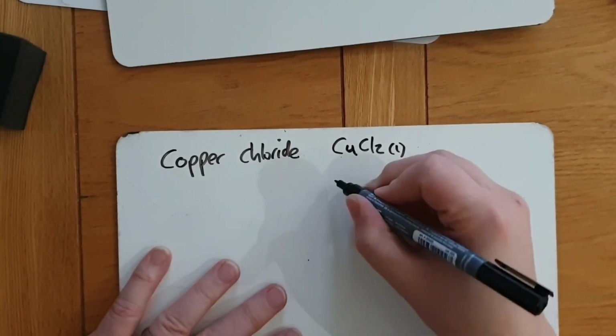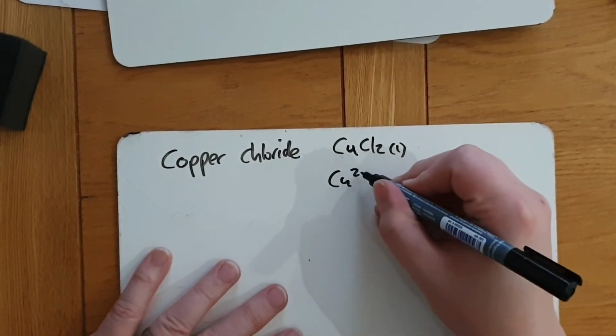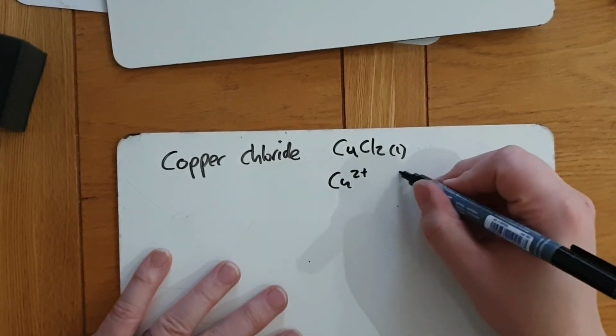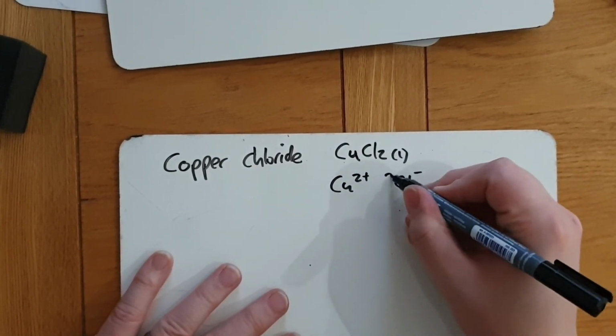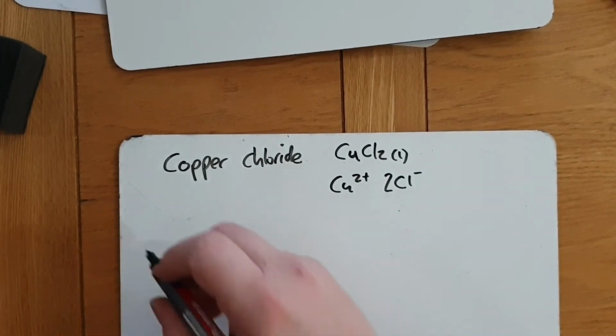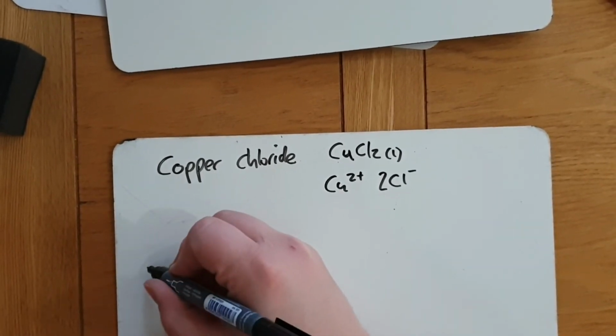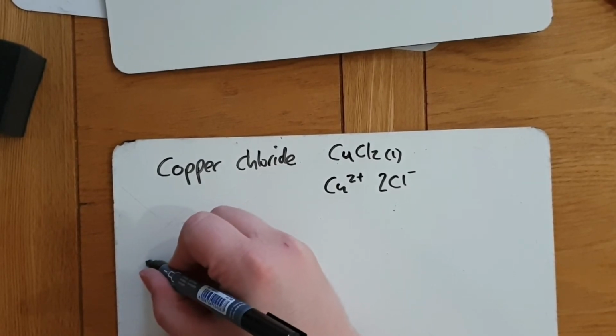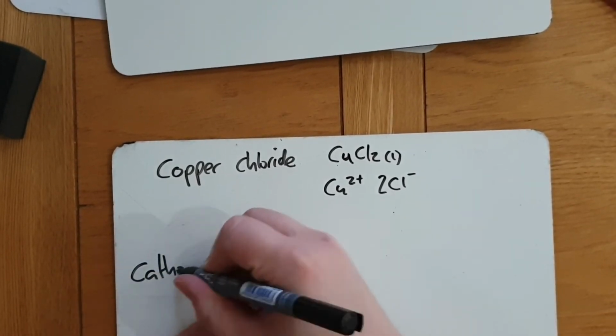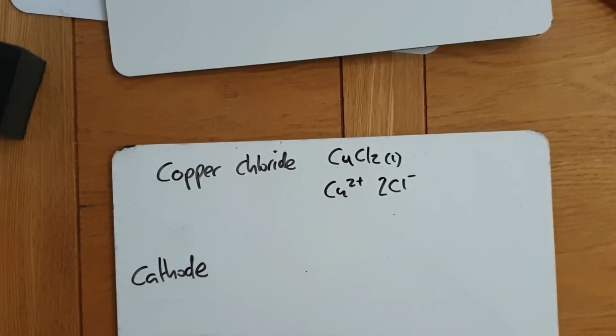And the ions involved, copper, we're going to say Cu2+, and then we've got chlorine, which is Cl-. So we've got two of them. I'm going to explain this one and then you'll get to have a go at another one. So if we have the cathode, right, so what's going to go to the cathode?